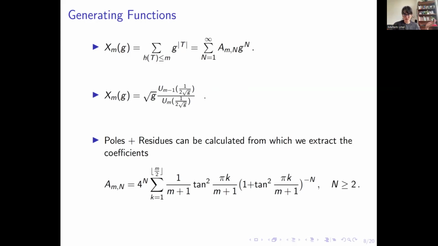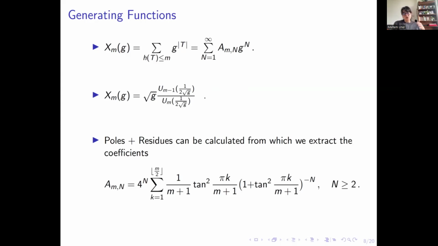To do that, we first write down the generating functions of the trees that have height up to m, because it's easy to obtain these recursively. So a_{m,n} are the number of trees that have size n and height at most m.